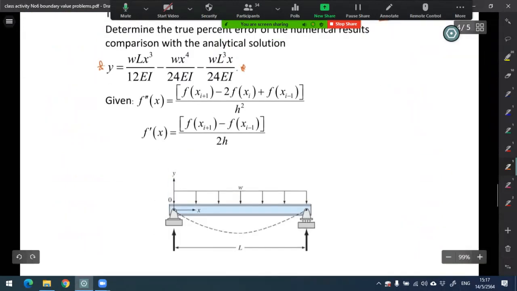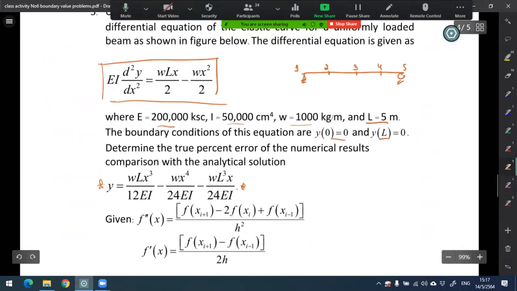From the governing equation of the beam, how can we derive the finite difference equation? It has just only one differentiation term.